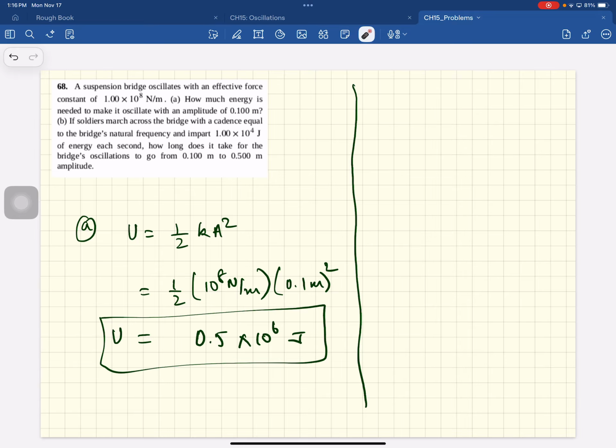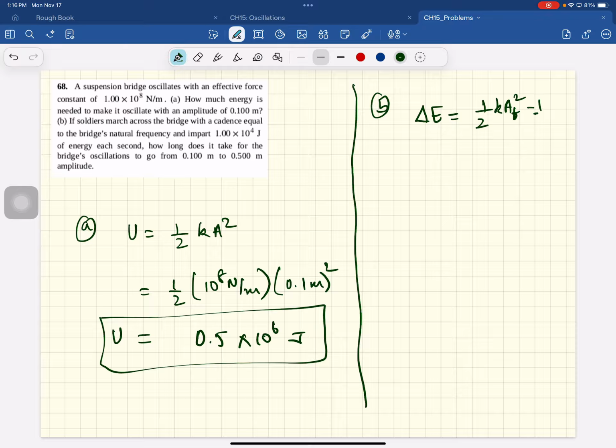Okay, so they're marching and you want to increase the amplitude from there to there. Well, how much energy do you need to pump in? 1/2 k a final squared minus 1/2 k a initial squared. So that's how much energy you need to pump in. 0.5 squared minus 0.1 squared.